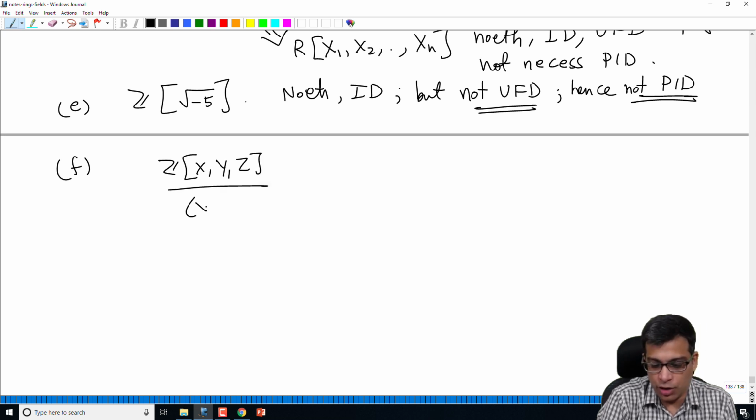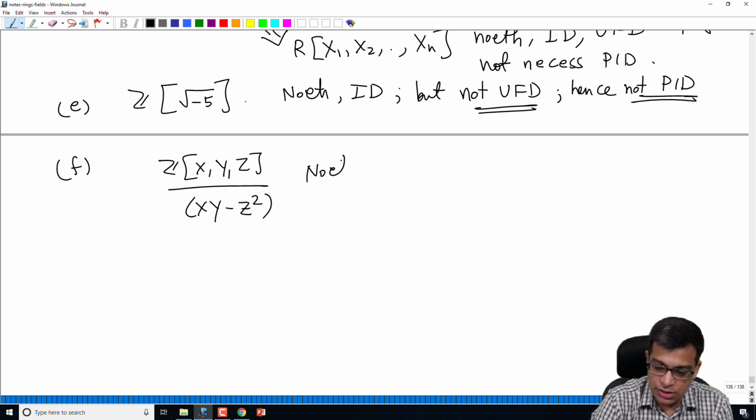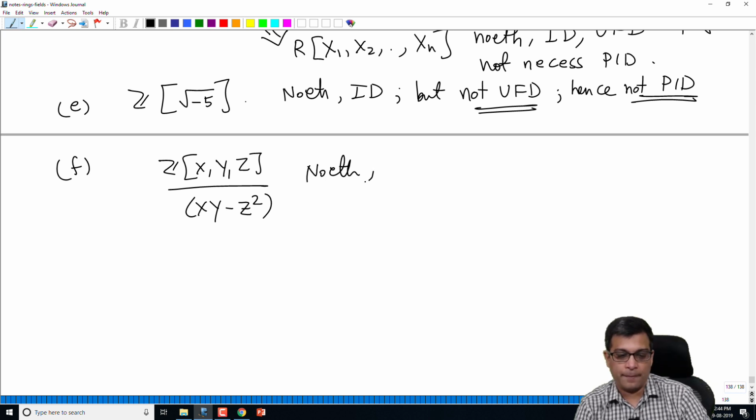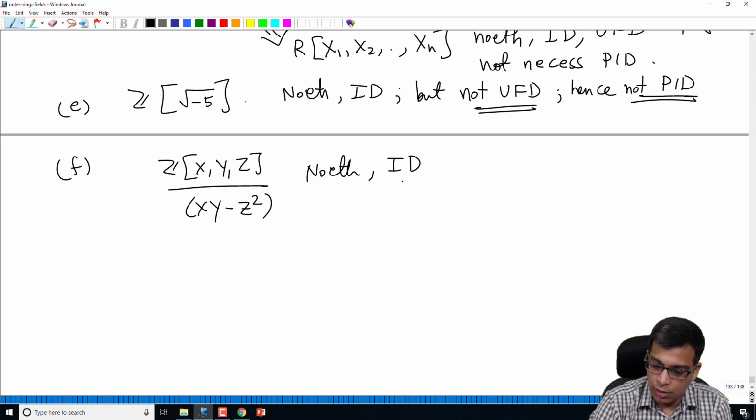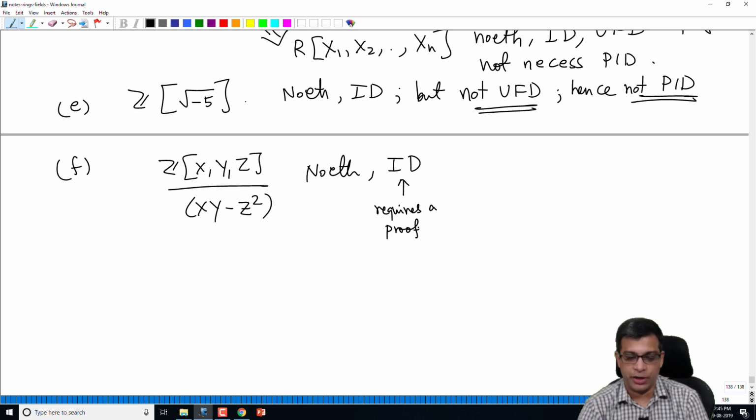Okay, some of these are not immediate, one has to check. So what I will let you do is, this is Noetherian, because this is a polynomial ring in 3 variables, modulo an ideal. So the image of a Noetherian ring is Noetherian, and the ring Z[x,y,z] is Noetherian. So when you quotient, this is the image of Z[x,y,z], so it's also Noetherian. ID requires a proof, and let me not do that for now, and we can discuss it in maybe the discussion forum.